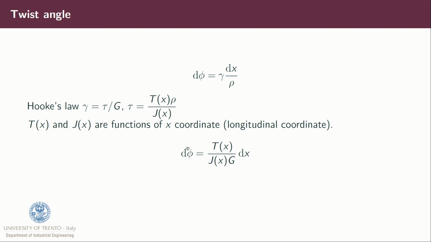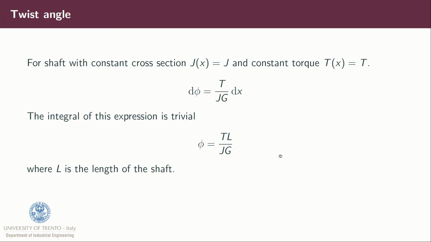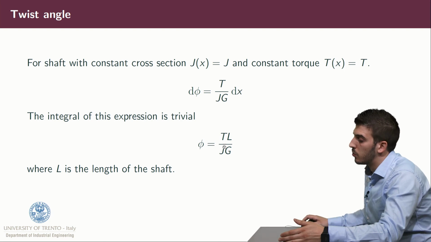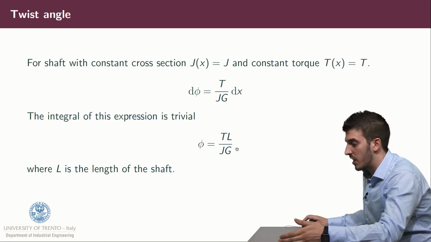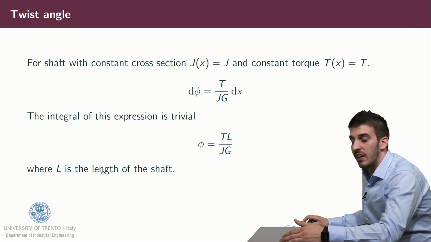So in general, d phi will be equal to T of x over J of x times G times dx. For a shaft with constant cross-section, so J of x is equal to J, and a constant torque T of x equal to T, d phi will be equal to T over GJ times dx. And the integral of this expression is really trivial, and we get that the twist angle phi is equal to TL over GJ, where L is the length of the shaft.